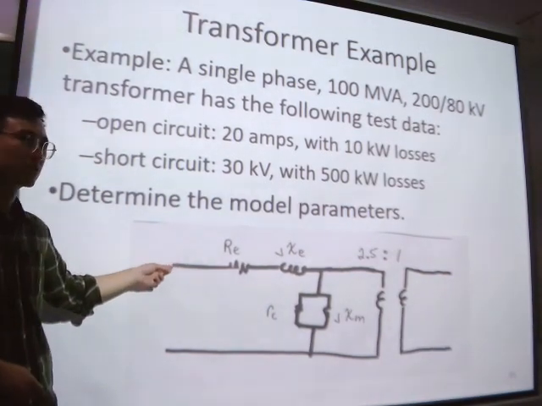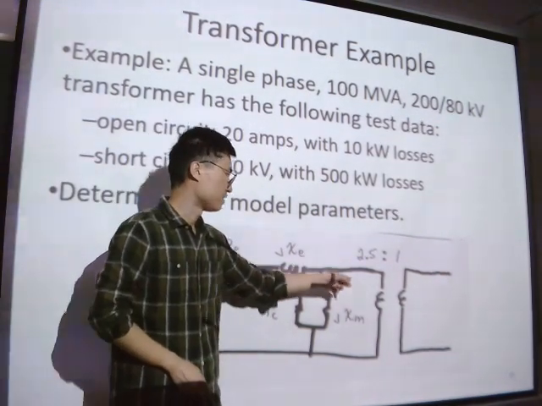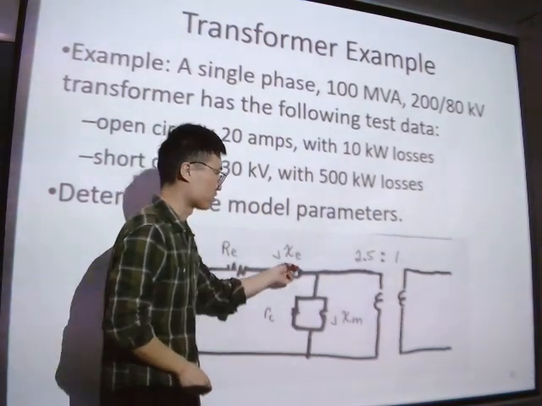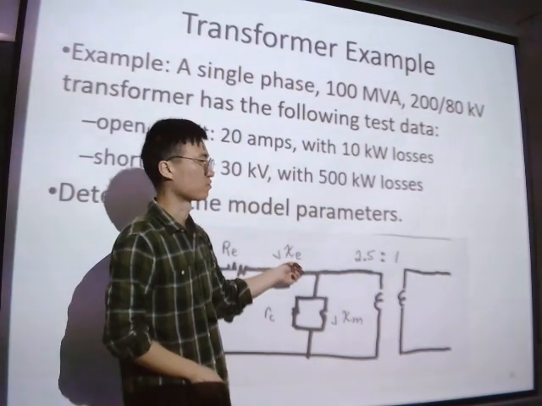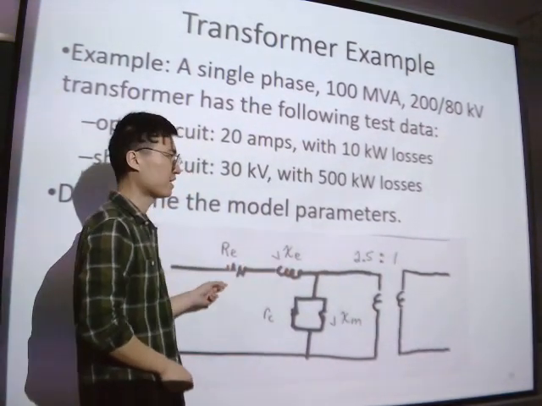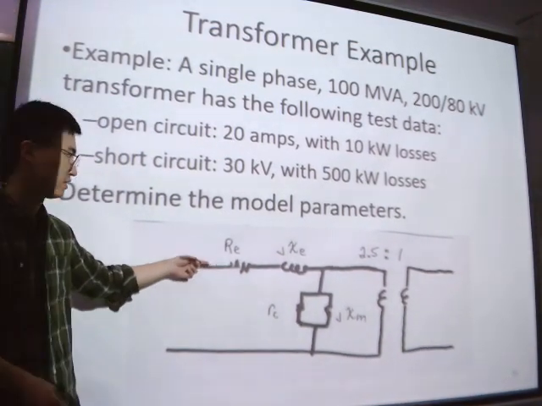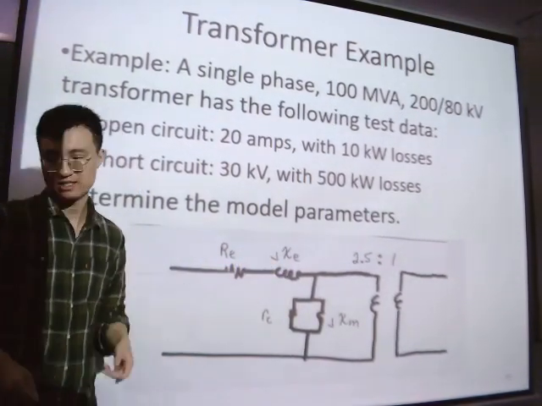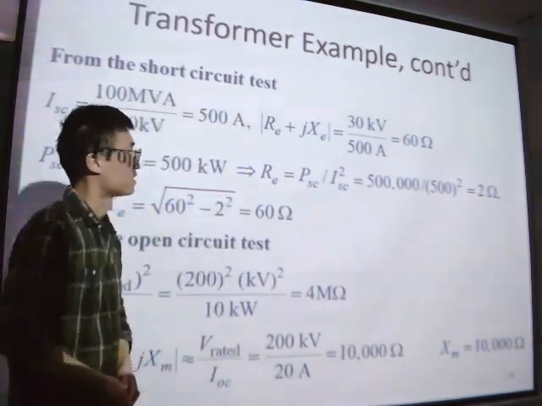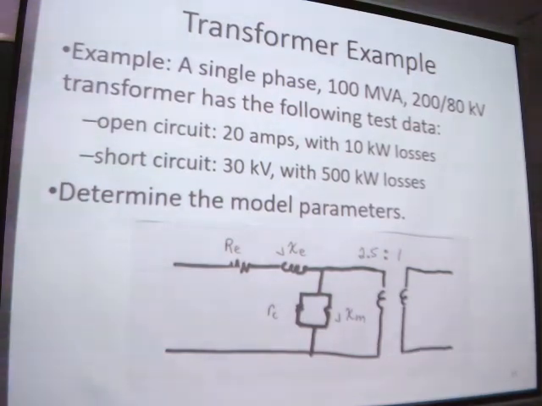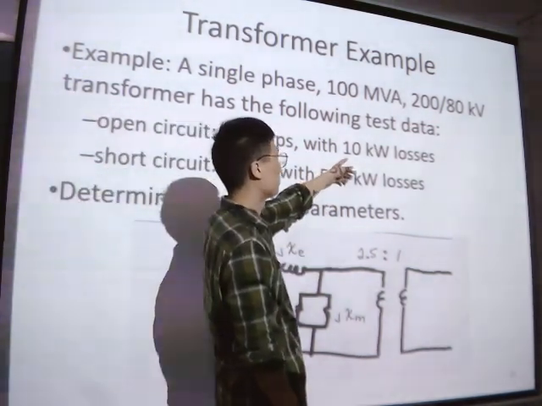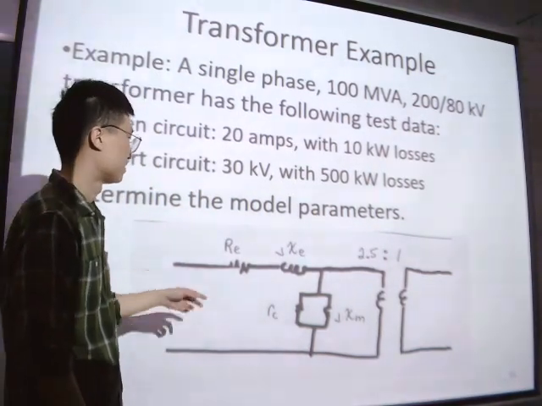So the I source, no matter what, will flow through this impedance of this transmission line, okay? So here is 500 amperes, and we can see that in the open circuit there should be 10 kilowatt losses, okay? 10 kilowatt losses.